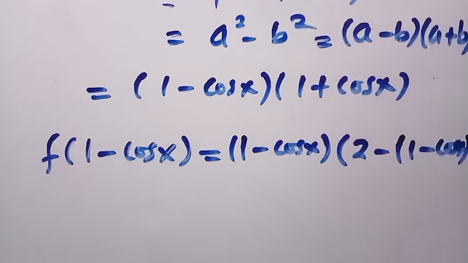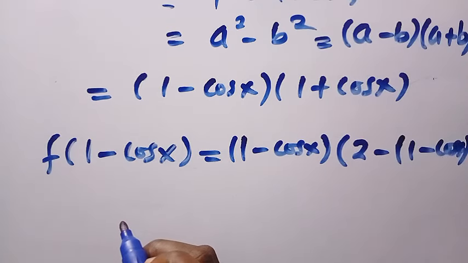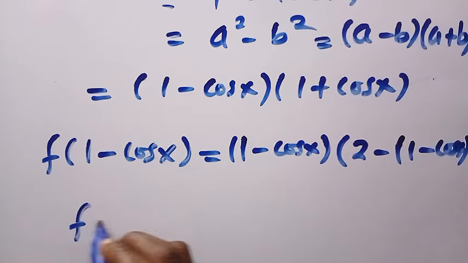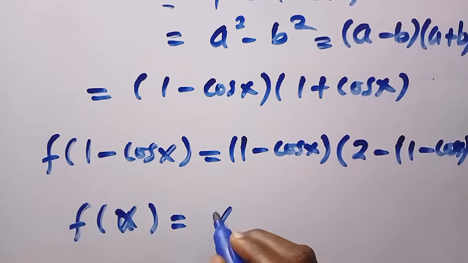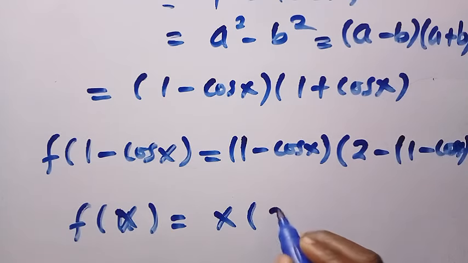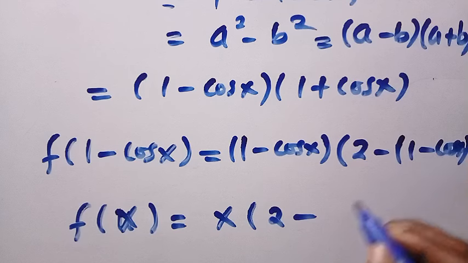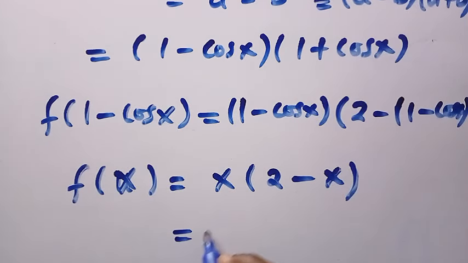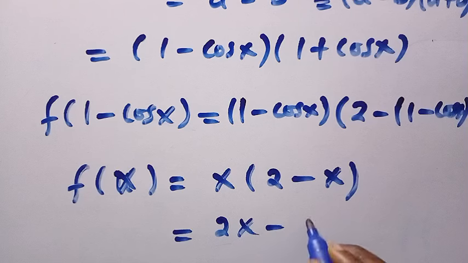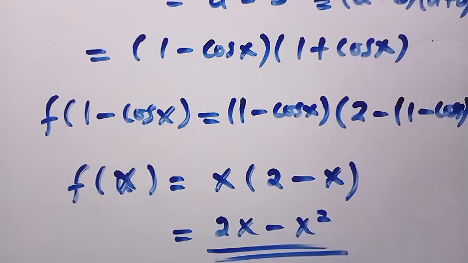So we can now replace every 1 minus cos x with x. Here we have f of x equals x times bracket 2 minus the whole of this, that is x. If you open this, we have 2x minus x squared. That is what we got from the beginning in the first method. Thanks for watching and see you in the next video. Bye bye.